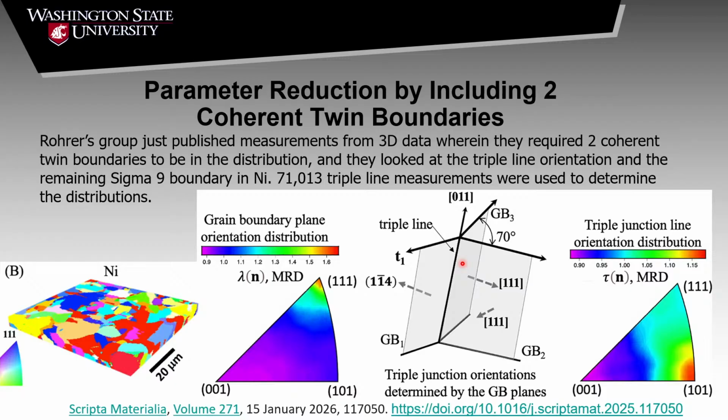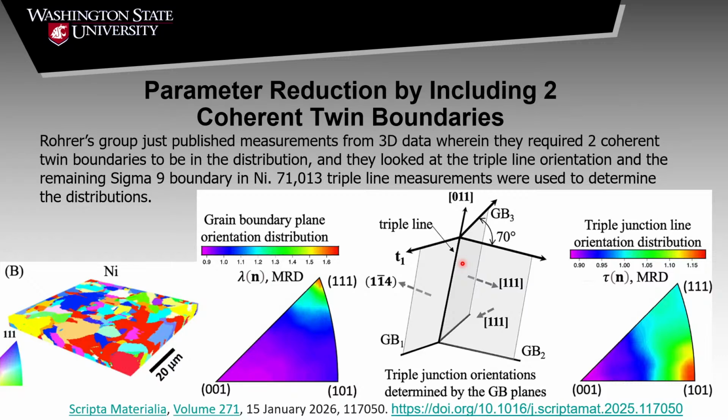So he has 2 coherent twin boundaries, and he's looking at that triple line orientation. And he's trying specifically to see where the orientation of the next boundary is. Now, if you have 2 twins that connect each other, they're going to make either no grain boundary, right, a sigma 1, or a sigma 9. Sigma 9 is the second order twin, and there's 2 specific boundaries in the second order twin, a 112 or 114, depending on how that is arranged. 114 tends to have a lot of mobility, 112 doesn't.